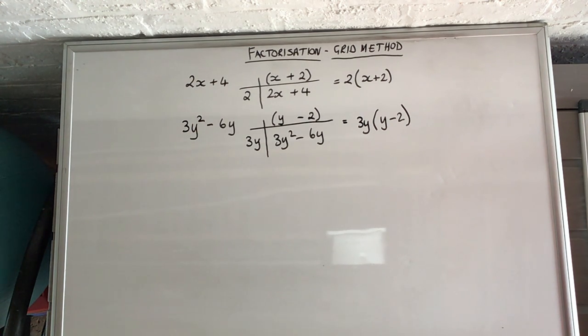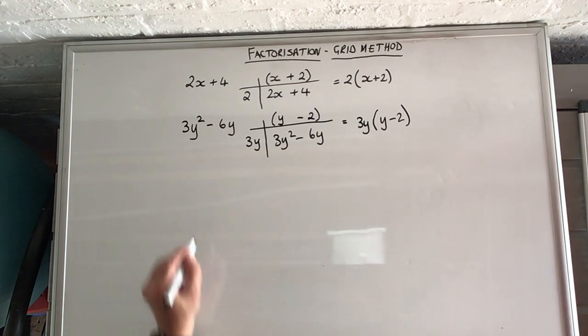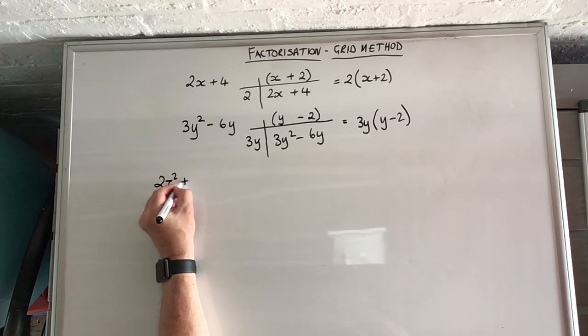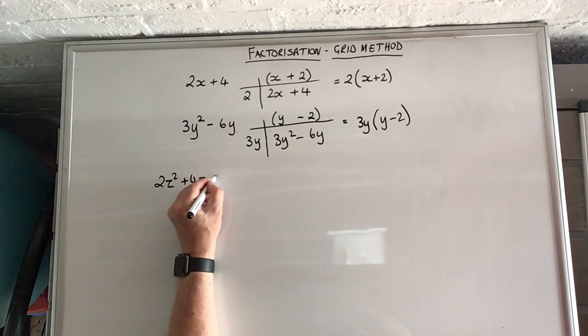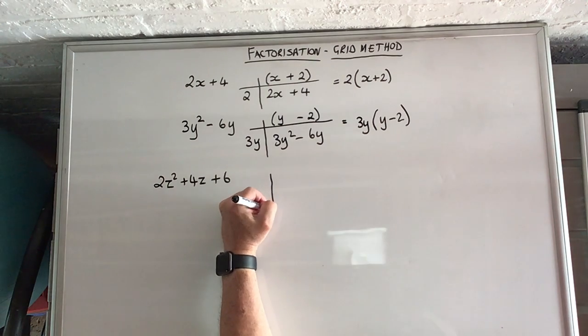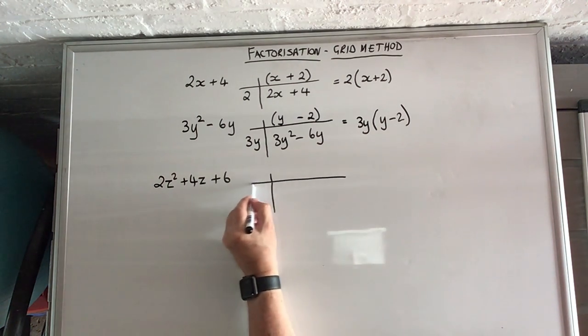It doesn't have to be 2 terms, it can be as many terms as you like. Here's one with 3 terms in it. 2z squared plus 4z plus 6. So there's 3 terms. Can we put that into a product? Well, sometimes we can, sometimes we can't, just depending on what you've got. So as I said before, not everything factorises, only certain things factorise.